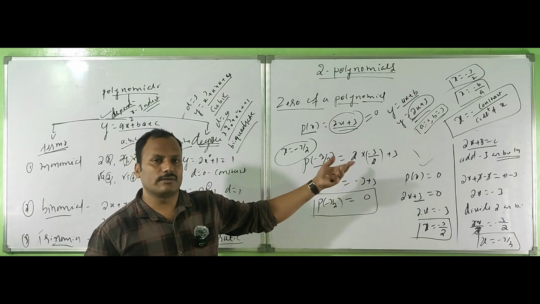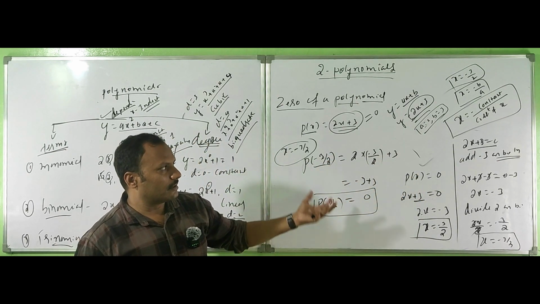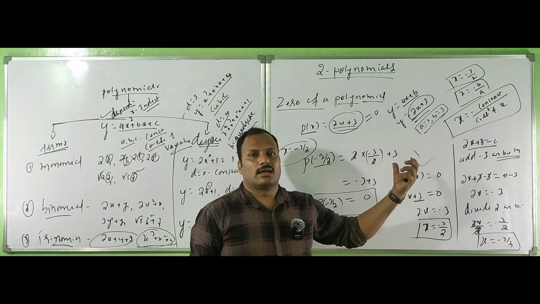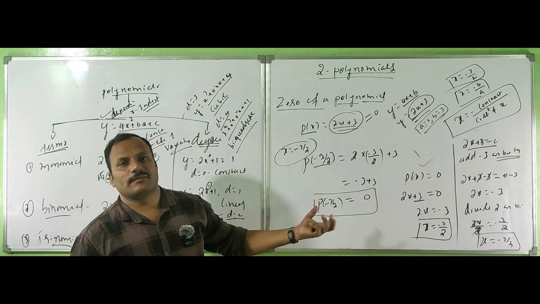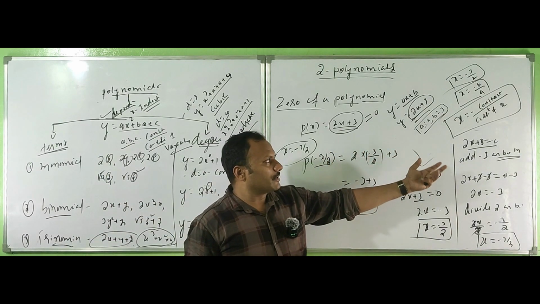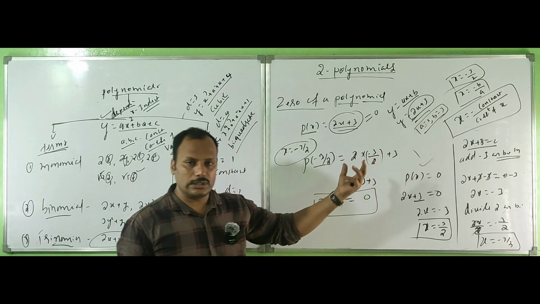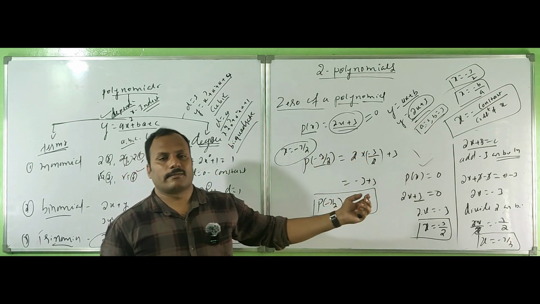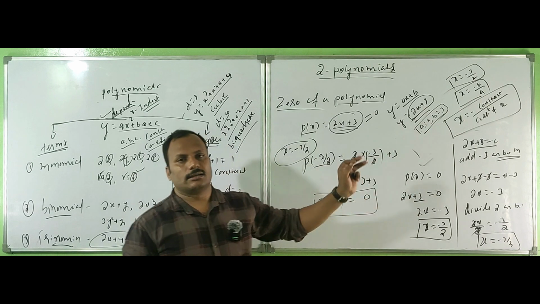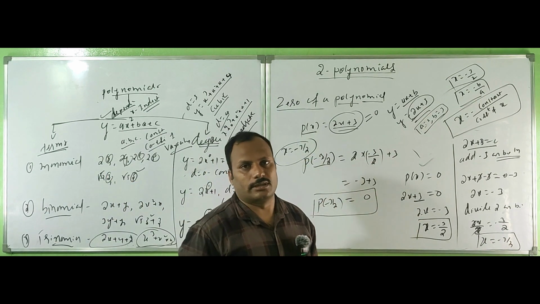For quadratic, cubic, and biquadratic equations we have different solutions. And the relation between the zeros of a polynomial and the coefficients, for a linear equation, is that the ratio of the negative constant to the coefficient of x is the zero of the polynomial.